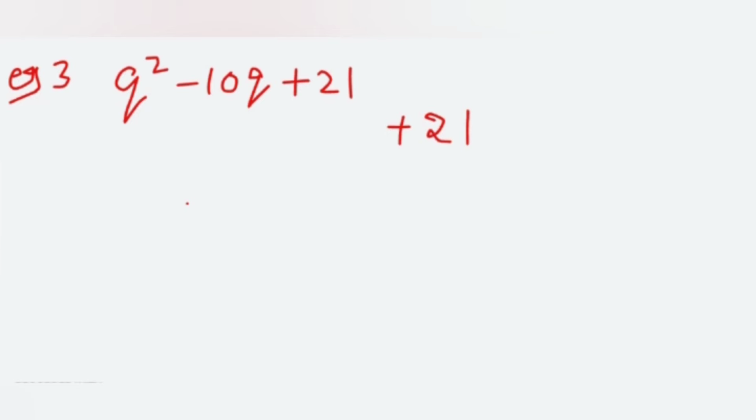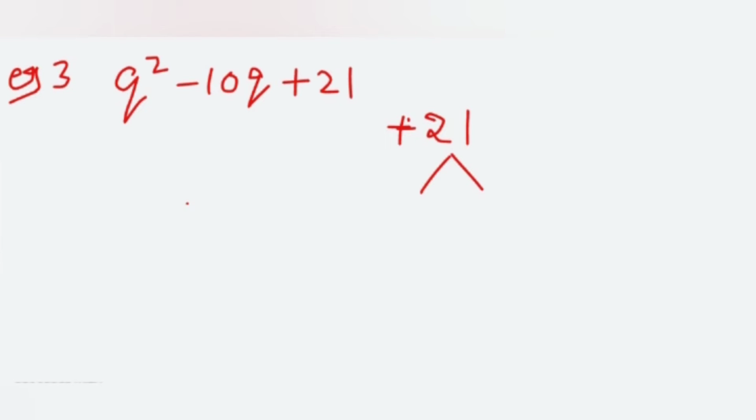Here let us take q square minus 10q plus 21. If you observe here, we are going to take factors of plus 21. So take factors of plus 21 in such a way that if you add those two, you should get minus 10.